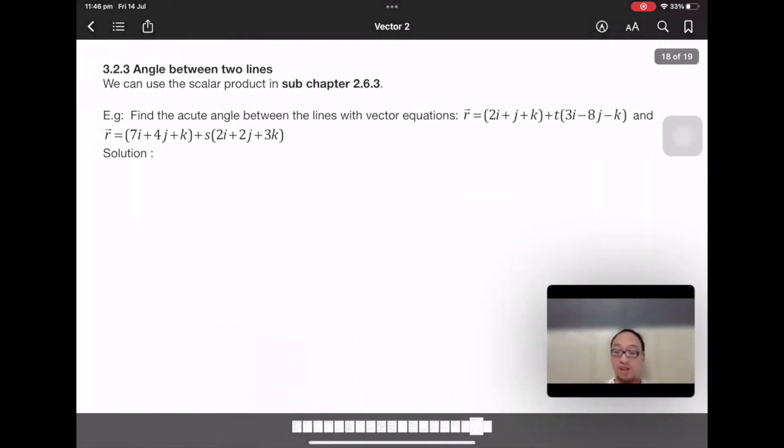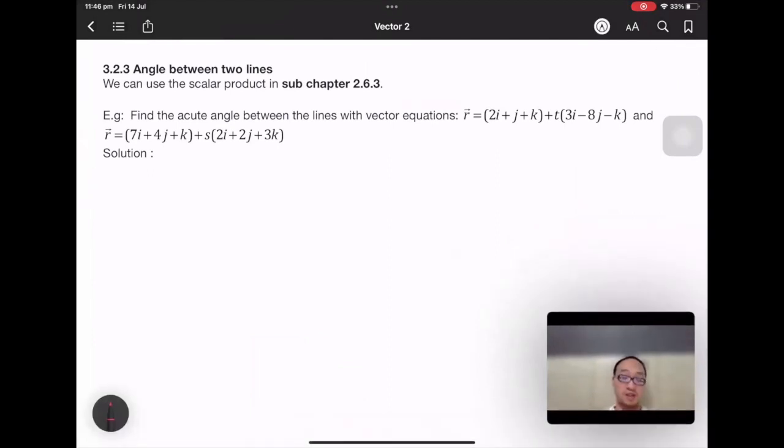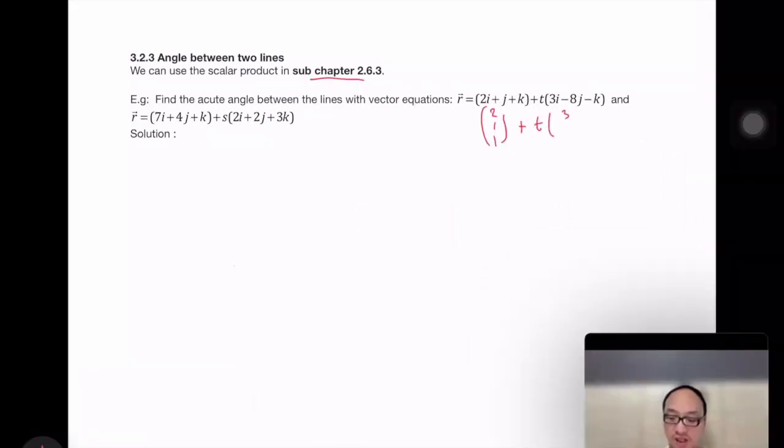And then the last part in here, angle between two lines. We use the same concept, the same method as in subchapter 2.6.3. Let's see the example. We can use the scalar product here. Find the acute angle between the lines with vector equations r equals (2, 1, 1) plus t(3, negative 8, negative 1) and r equals (7, 4, 1) plus s(2, 2, 3).